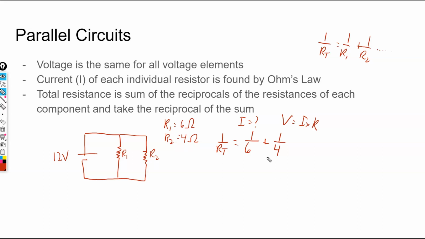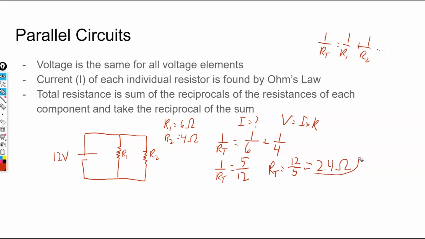So we're just going to do that. We're going to get 1 over RT equal to, I didn't calculate this one today, you should get 5/12, which if you want to get RT, you'll just flip this whole thing. So now RT is just going to be 12 over 5, or approximately 2.4 ohms.